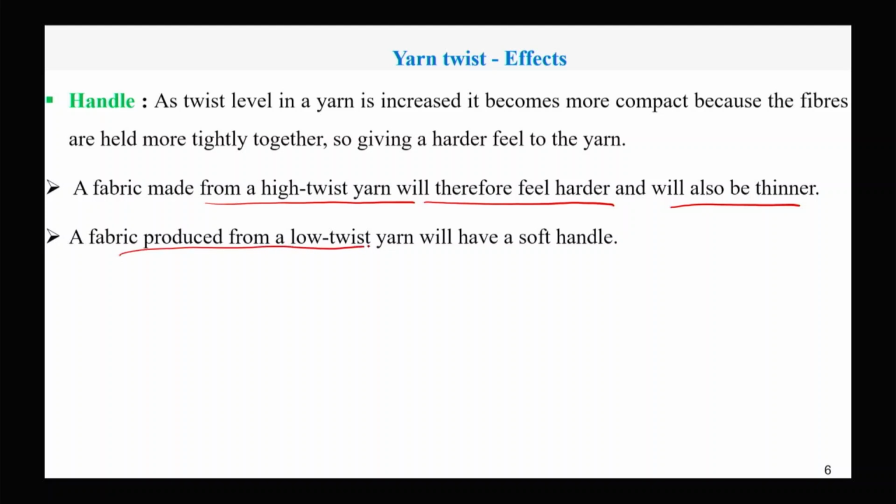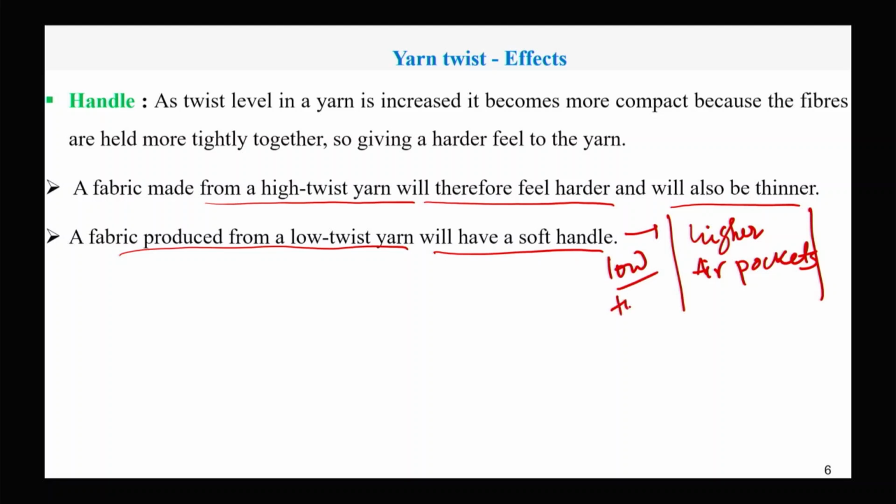Fabric produced from low twist yarn will have a softer handle, and at the same time, if we apply low twist, there will be higher air pockets in the yarn. Higher air pockets are required if we want to produce a fabric with low thermal transmission.